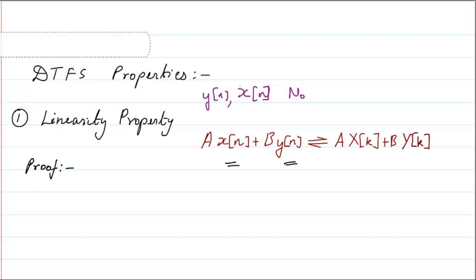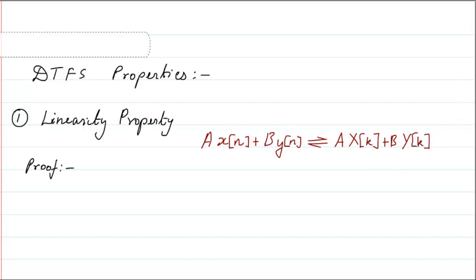This is what we are assuming. So the linearity property says that if you are having two signals x of n, y of n, which you multiply with constants a and b, then it's as good as adding and multiplying the constants with the Fourier series DTFS of x of n and y of n.